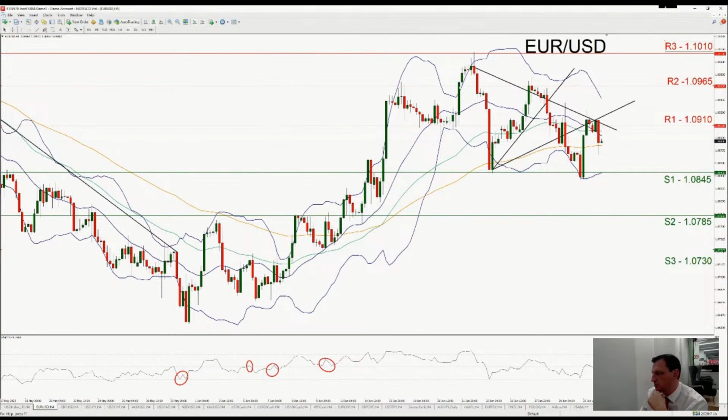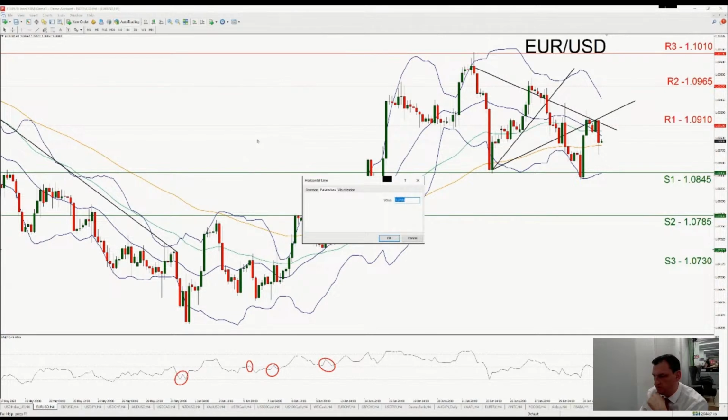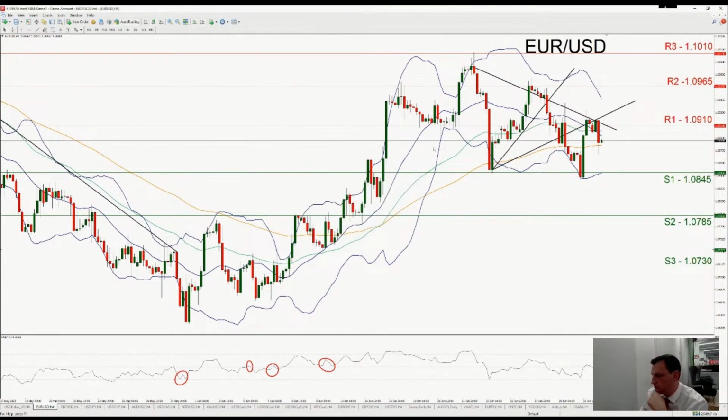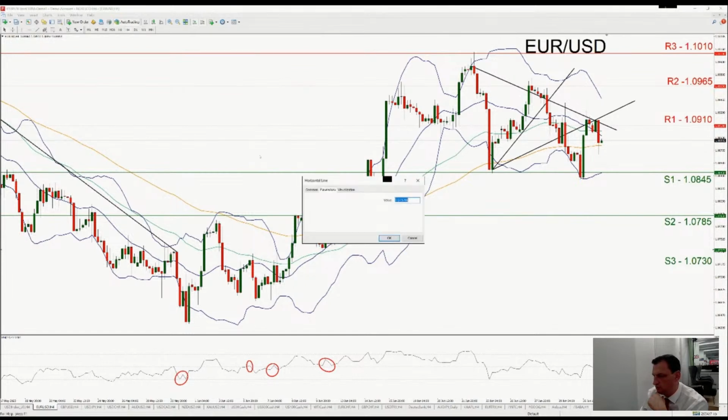Price action has now dropped below it. Support line 1.0845, that remains. Support level 1.0785 also. And the last but not least, 1.0735.